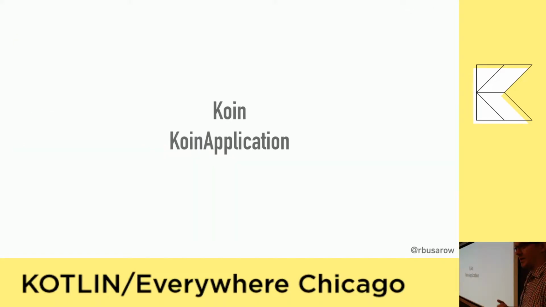So first I'm going to talk about two classes. These are classes. I want to be clear about that. The word Koin is extremely ubiquitous within that library, kind of like coroutine in the coroutine library, which is a little annoying.